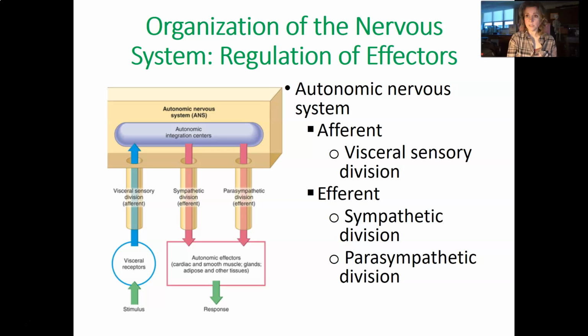Receptors are going to collect information, and in this case, since we're talking about the autonomic division, our receptors are visceral receptors. These are receptors that are gathering information from our internal organs. Those receptors are going to send the sensory input through the visceral sensory division, through its afferent pathway, to the autonomic integration centers, which are found in the central nervous system.